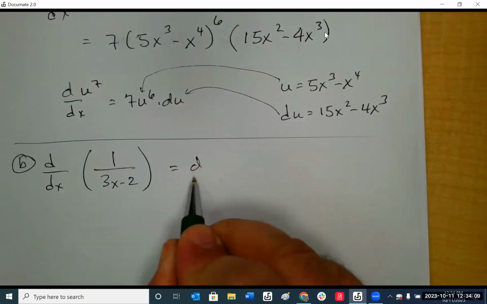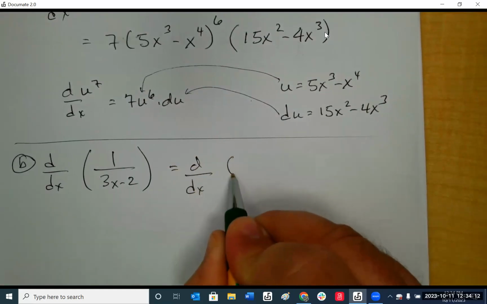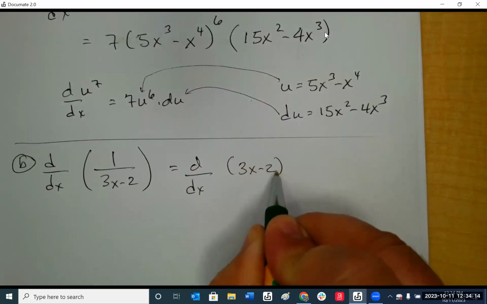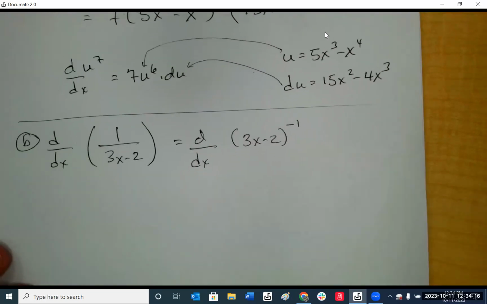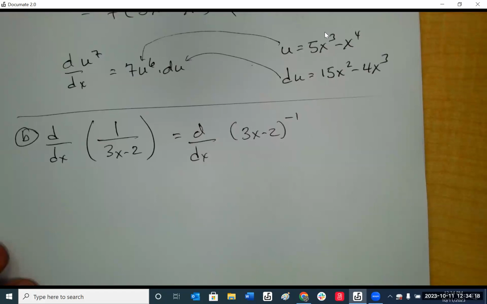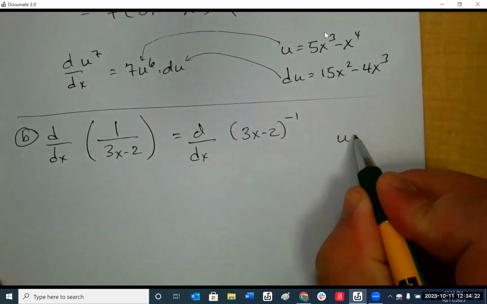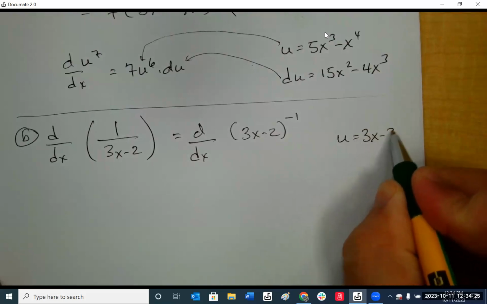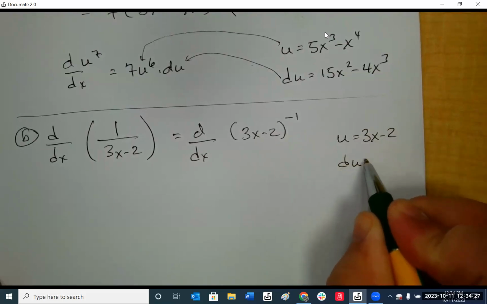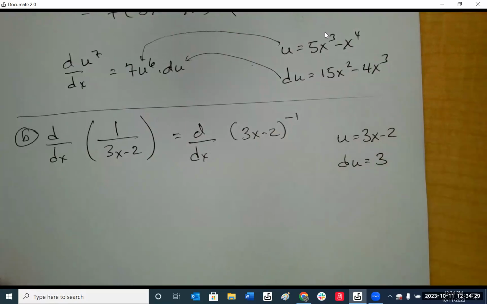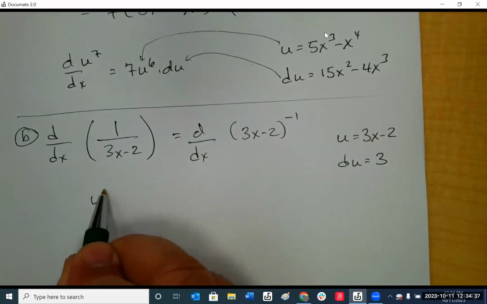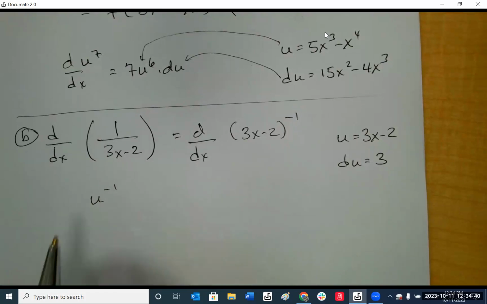We can rewrite our function like that. So now our u is 3x minus 2 and du is 3. We have u to the power negative 1.